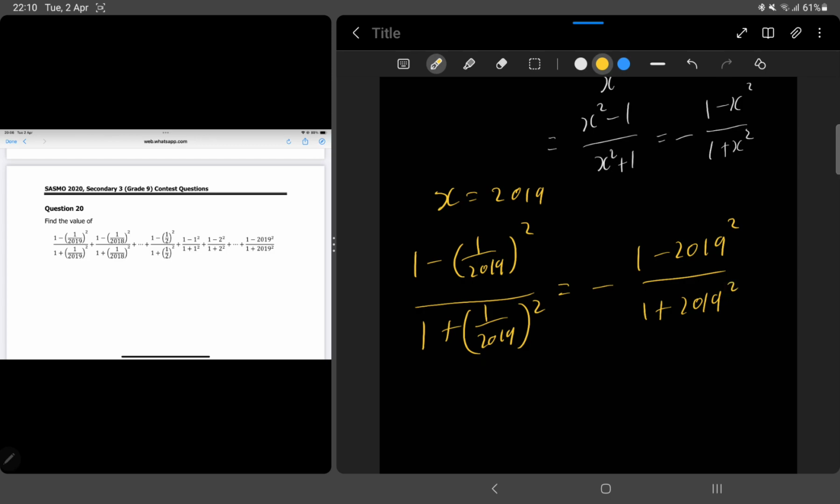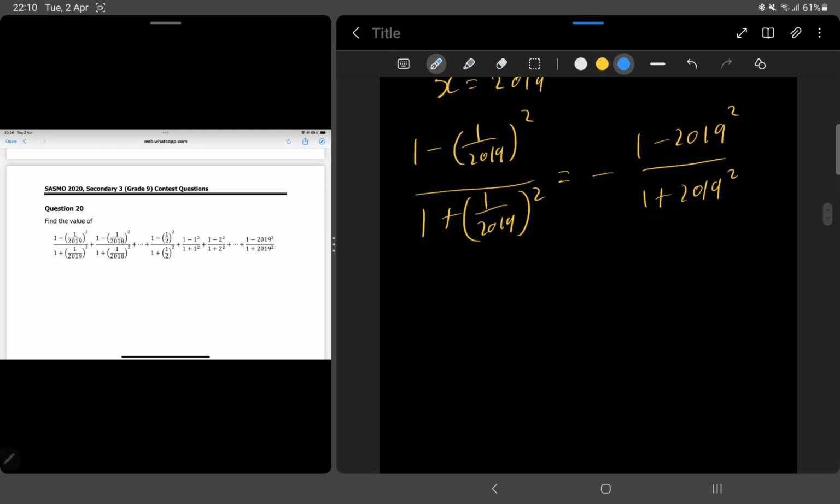And this is going to happen for every single term on both of the edges. When x equals 2019, the left and the right one will cancel each other out. Same thing with 2018, left and right one will cancel each other out until the only thing that's going to be left is 1 minus 1 squared over 1 plus 1 squared. This is going to be 0 over 2, which is just 0. So that's how I would solve that equation.